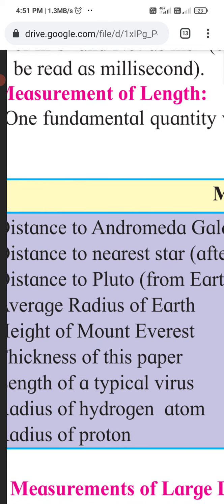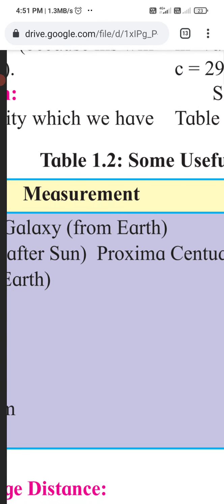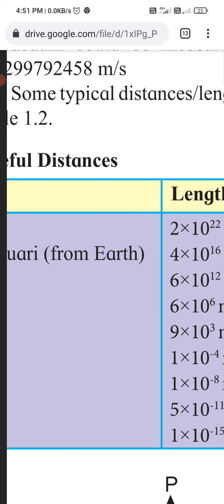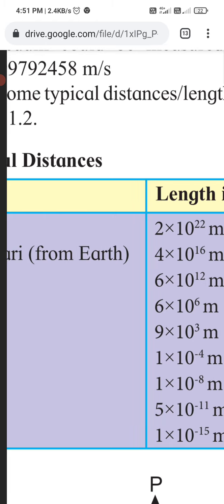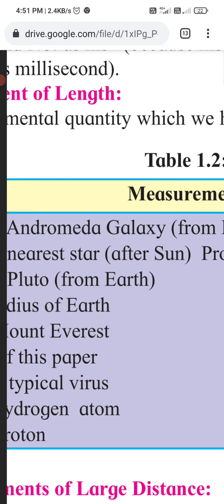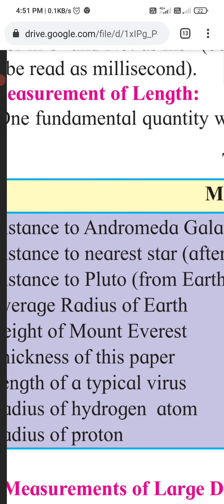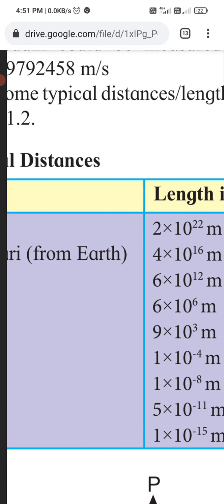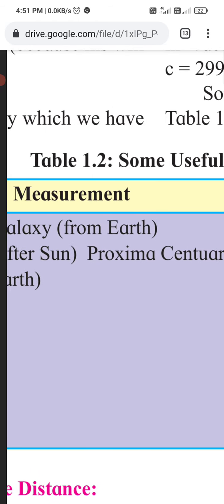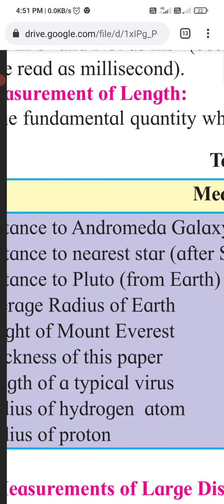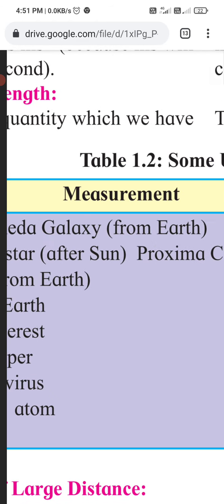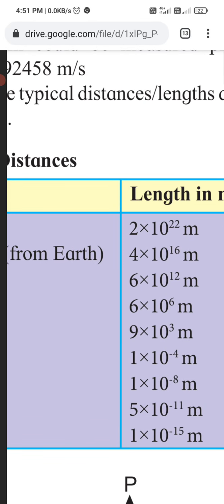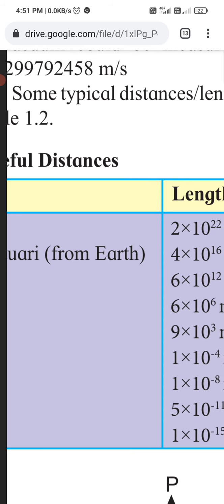Distance to the nearest star after the Sun, Proxima Centauri, from the Earth is 4 × 10^16 meter. Distance of Pluto from the Earth is 6 × 10^12 meter. Average radius of the Earth is 6 × 10^6 meter.